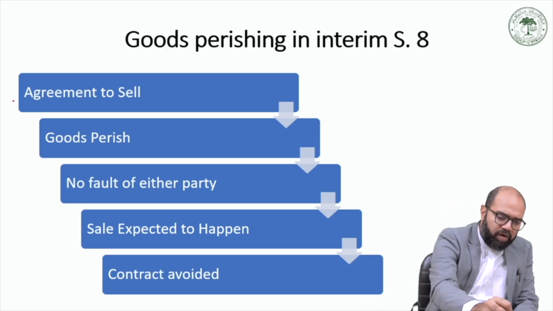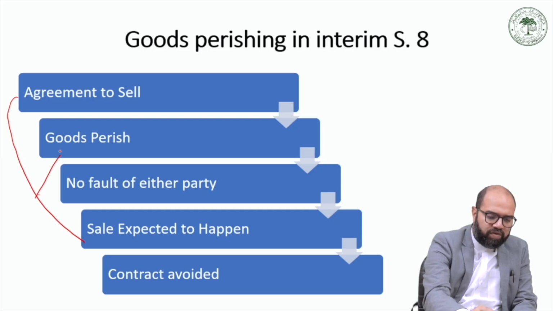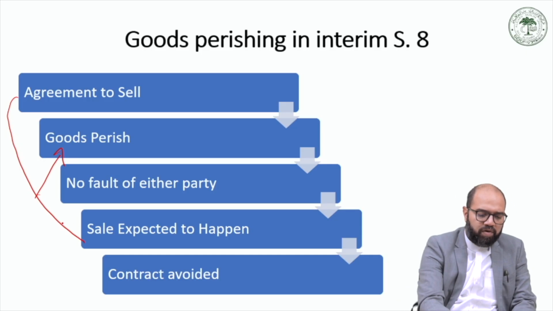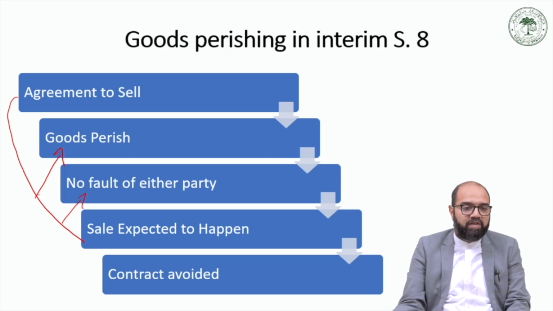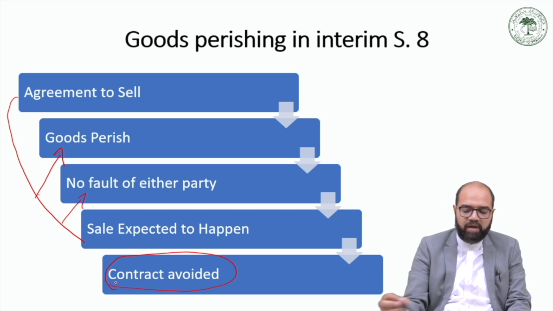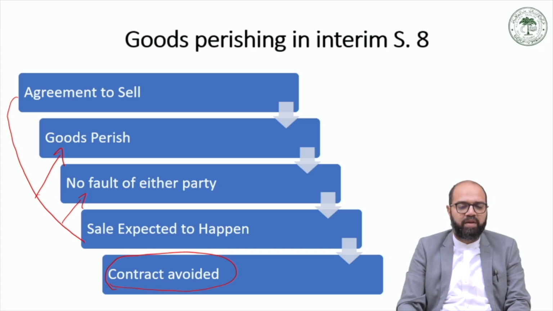So before the sale actually happening, the goods become perished or destroyed without any fault of any of the parties. So if these situations are fulfilled, the contract is thereby avoided and both the parties are absolved from performing their part of the promise.